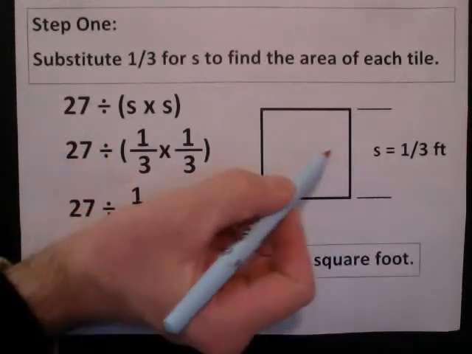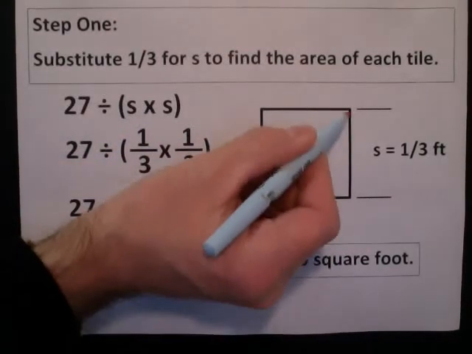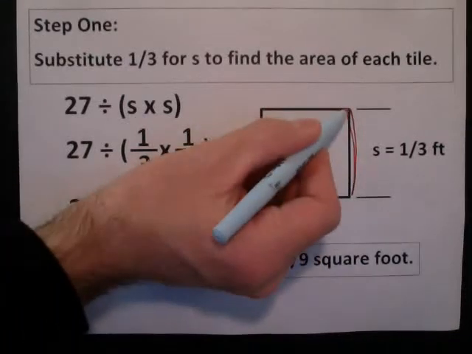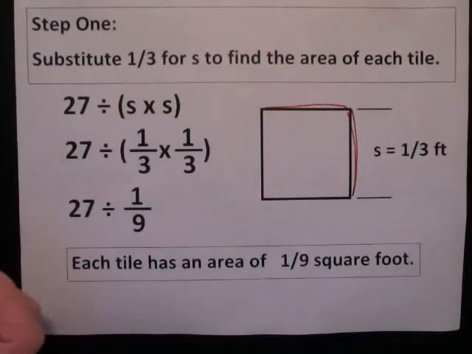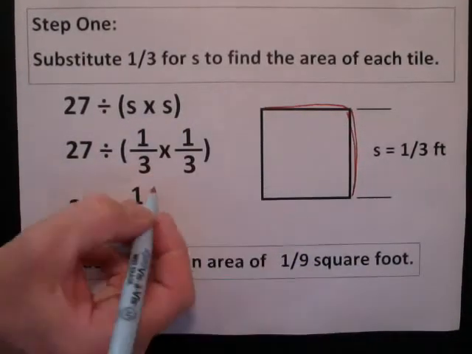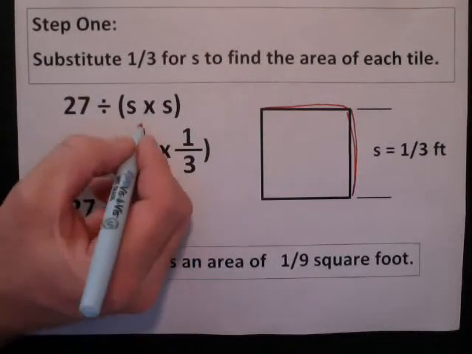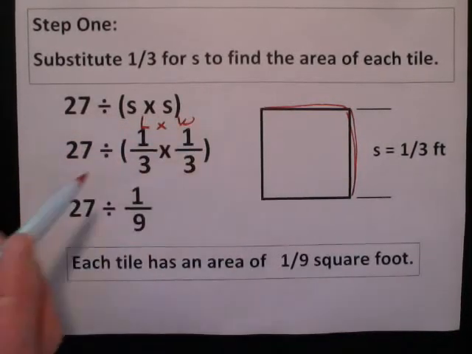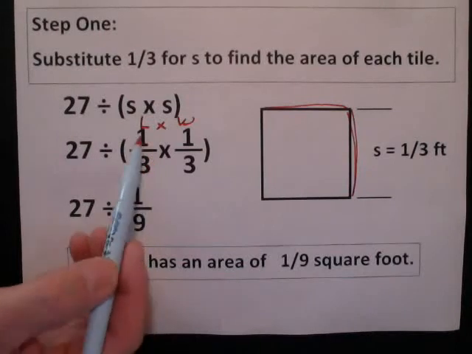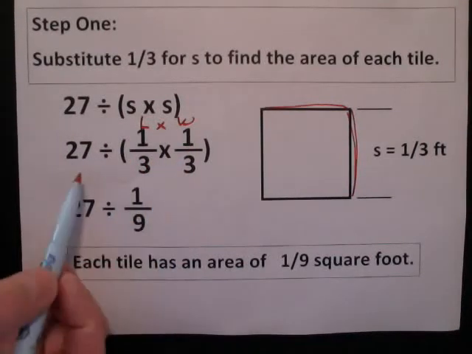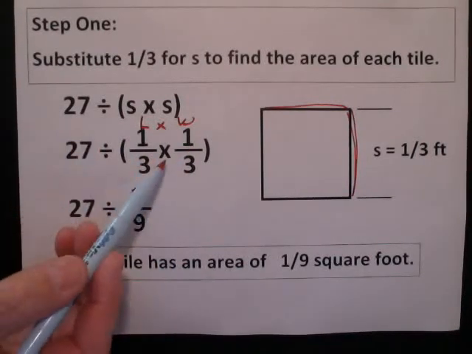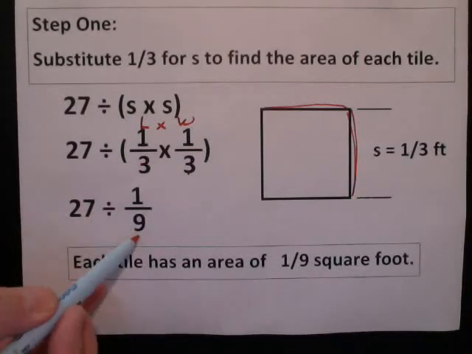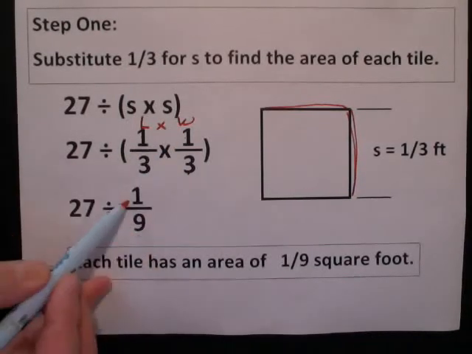You're going to take S, which represents the length of one side and the length of another side, and basically you're doing length times width. When we multiply, we do 3 times 3, which equals 9, and 1 times 1, which equals 1.